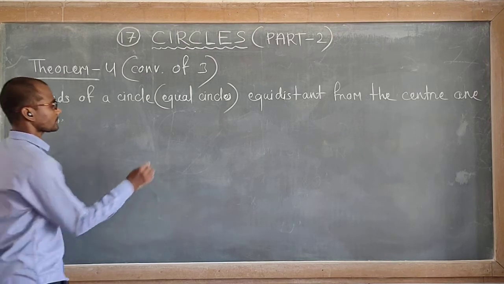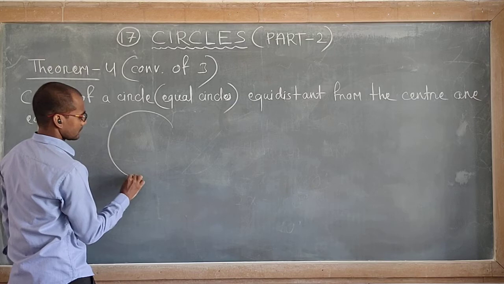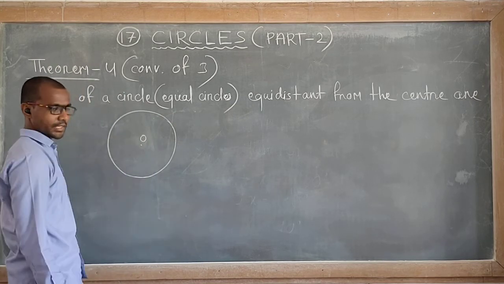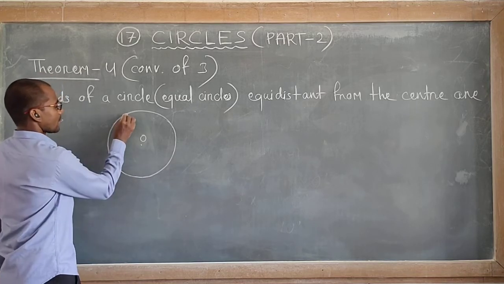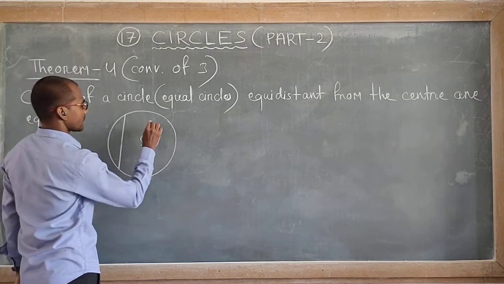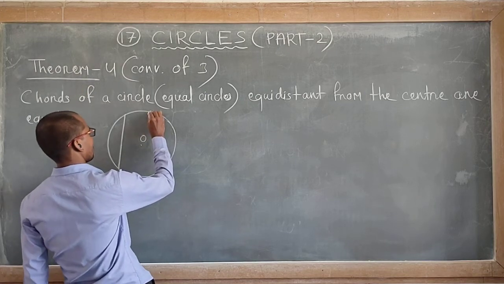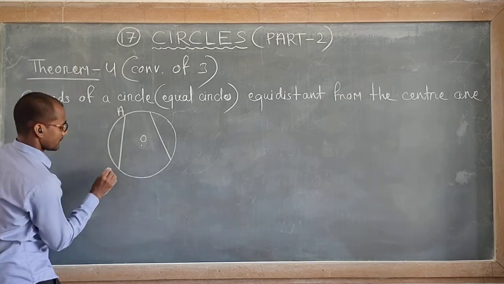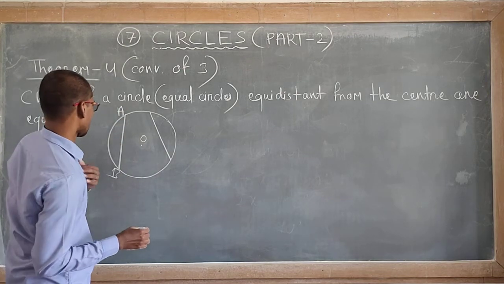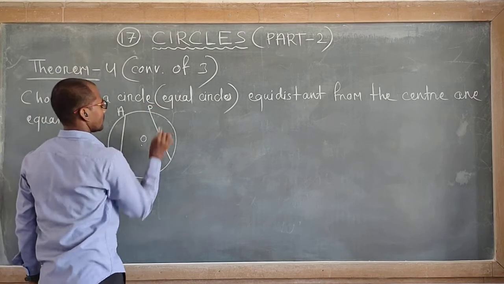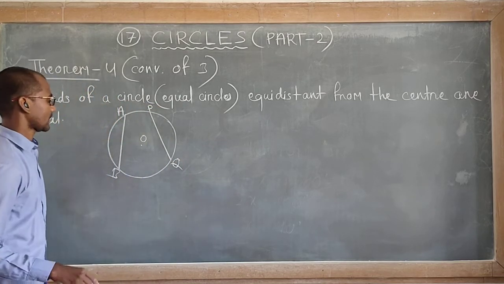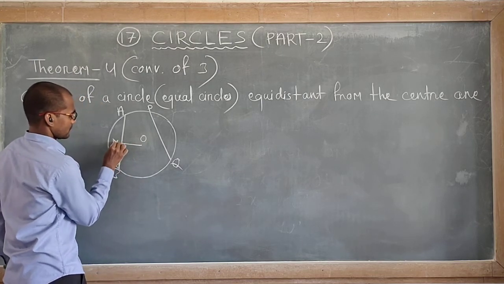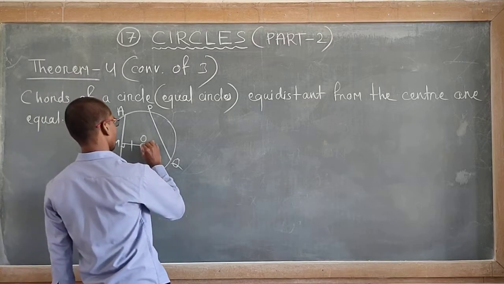Okay, let O be the center. I will draw two chords which are equidistant from the center. So this is AB, this is CD.